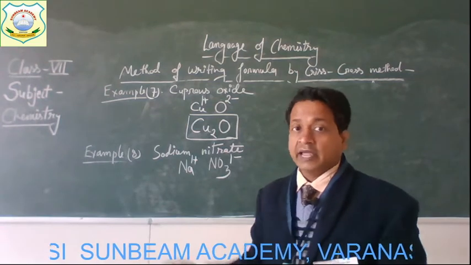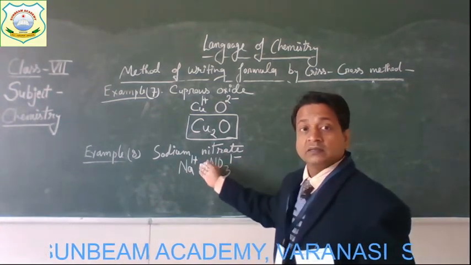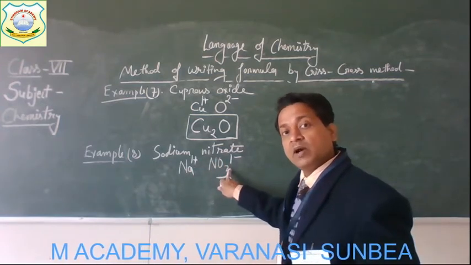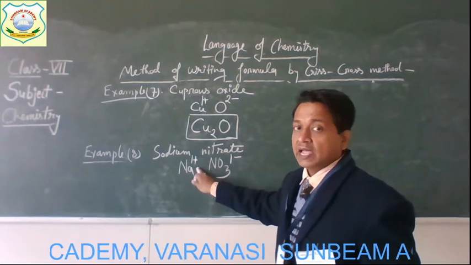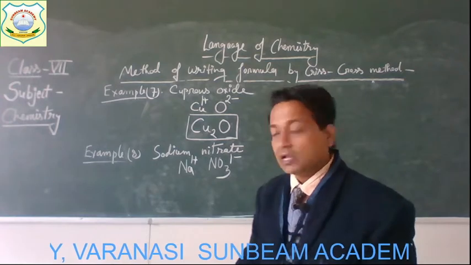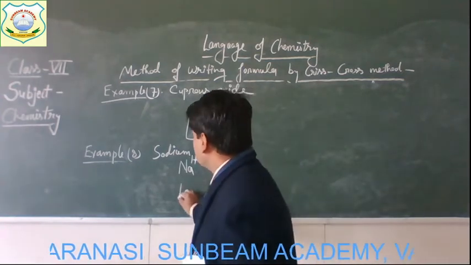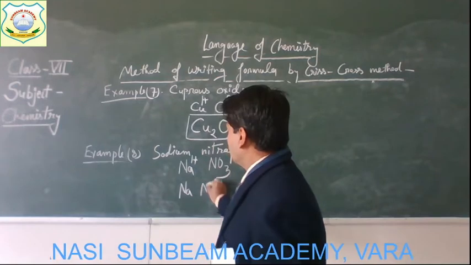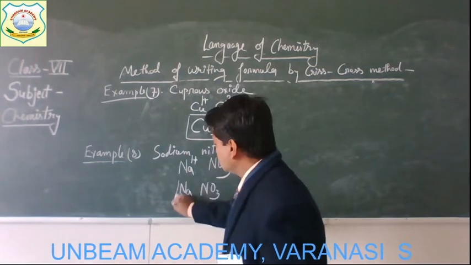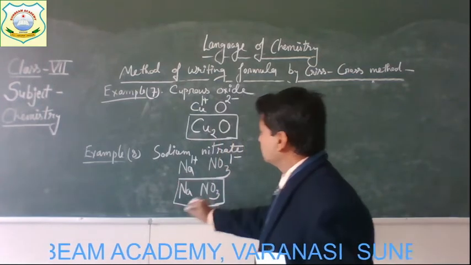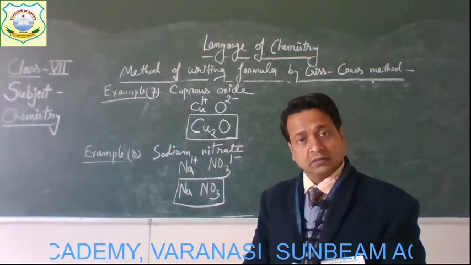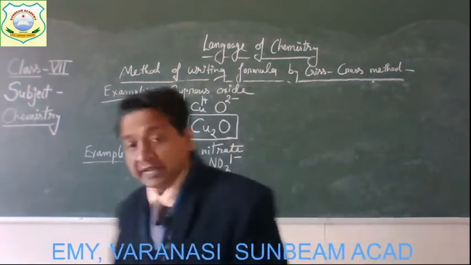Alright children, as you are able to see, they both have the valency 1, so we'll remove this common factor 1 and we'll get our desired formula. So after crossing the valency we'll get NaNO3. So this is the formula of sodium nitrate, NaNO3. Okay? Now, come to the next example.